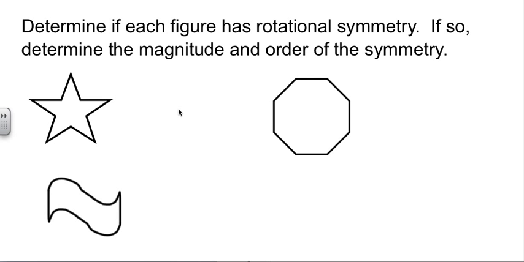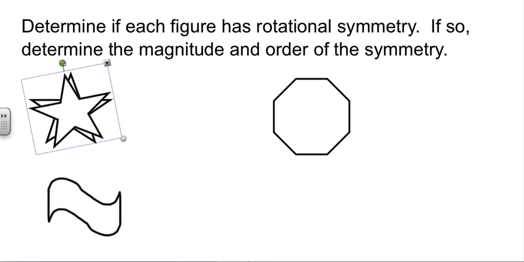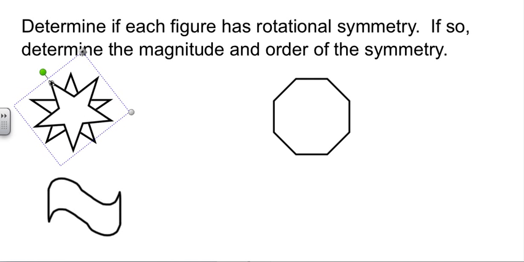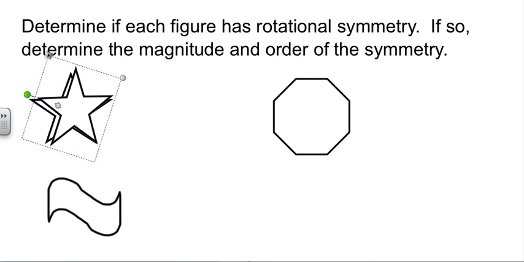Okay. So let's see if we have any rotational symmetry here. We'll start with the star. So I've got a nice star here. As I rotate it, do I get the same shape back? Well, not quite.